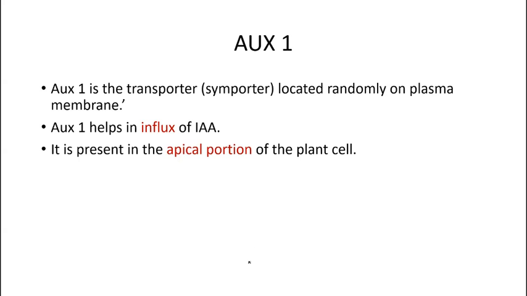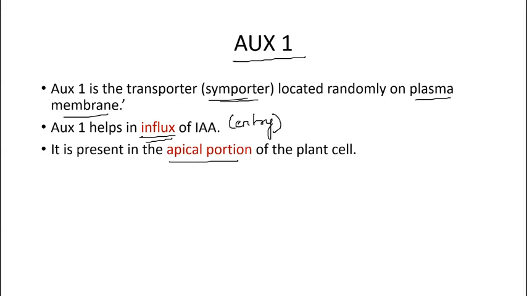Before starting with the transport, we will have to first study the transporters involved. So the first transporter involved is AUX1. This AUX1 is a symporter, which is located on the plasma membrane and it helps in auxin influx. It helps in the entry of the auxin into the cell, and this is located in the apical portion of the cell.